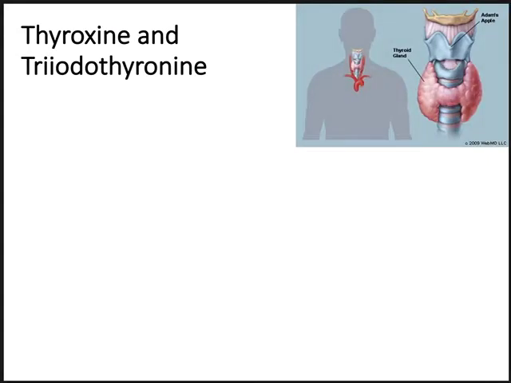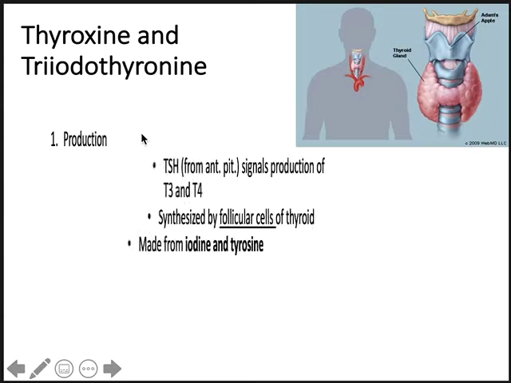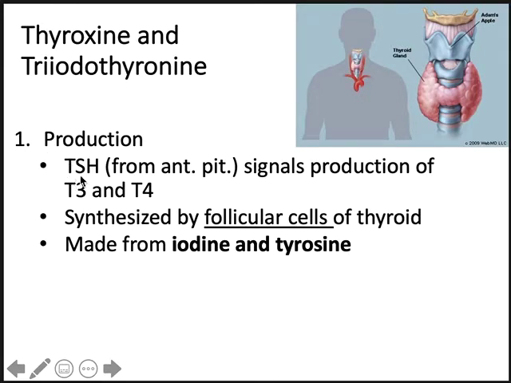All right, thyroxine, as I said, we would talk more about it. So in this image here, you have your thyroid gland, okay, and production of TSH from the anterior pituitary signals the production of T4 and T3.